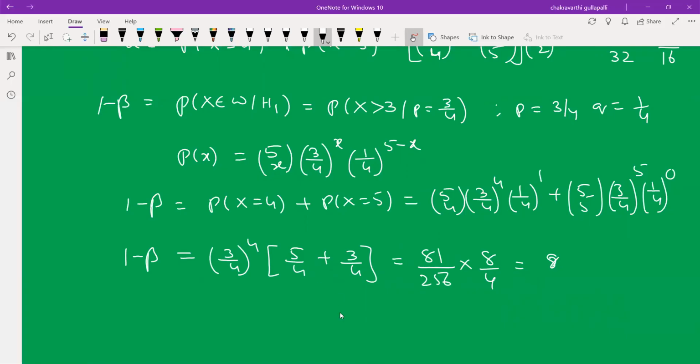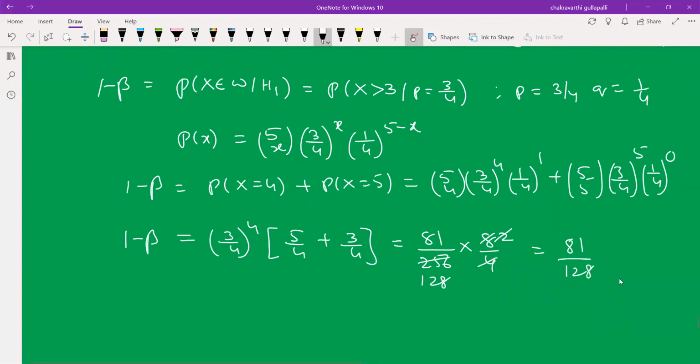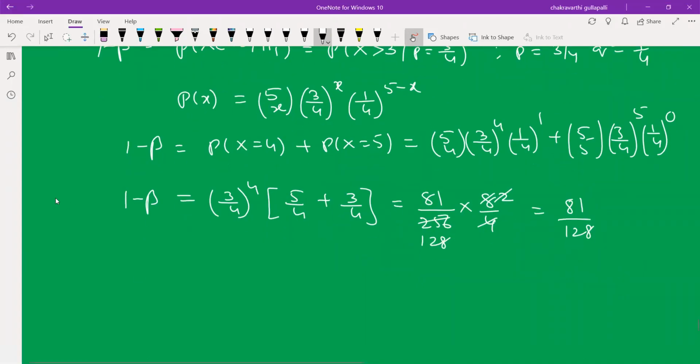There is a cancellation possible. Next, here 2 times cancel. This is 128 times cancel. That is 81 by 128. That is 1 minus beta, power of the test.